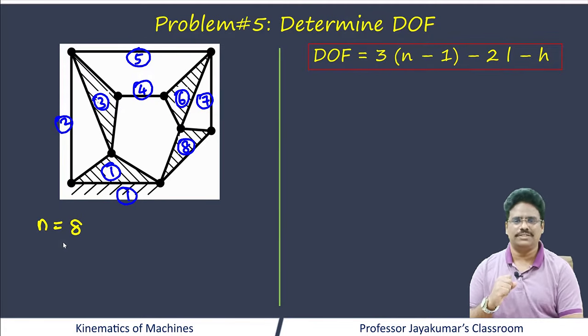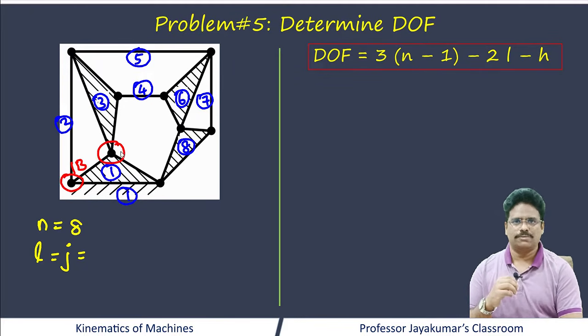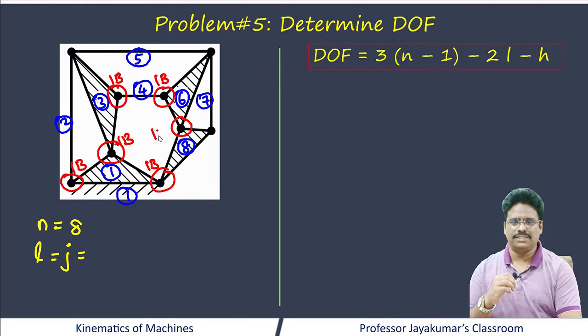Now let us find the number of binary and ternary joints. First we'll go for binary. One binary. Yes, binary or quaternary? One binary, one binary, one binary, one binary, one binary, one binary.